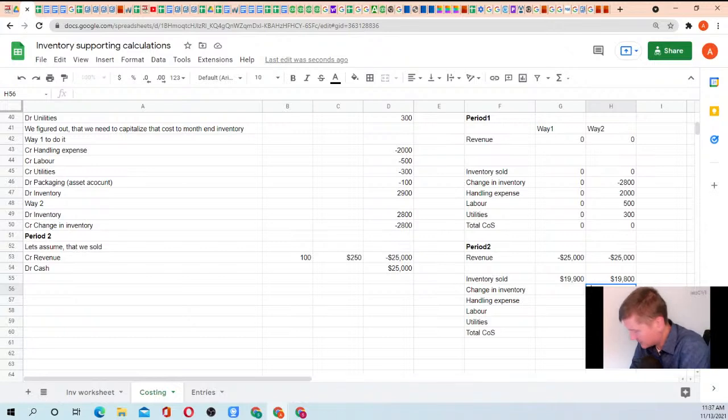So we kind of reverse that number, but in the inventory we do not take it into account. 49.